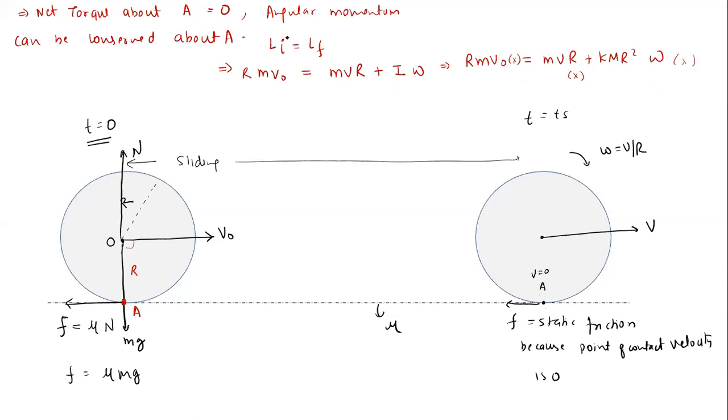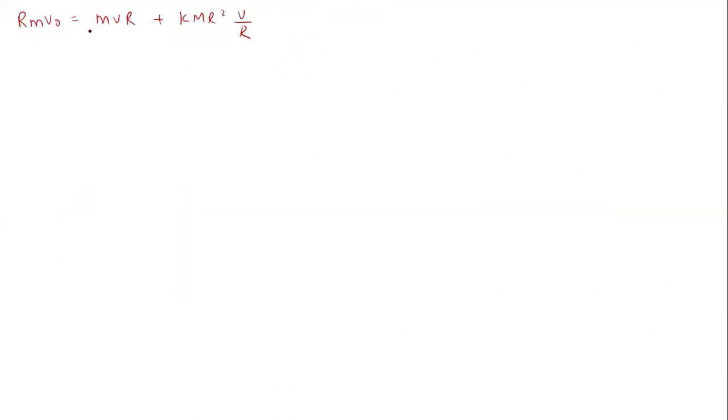Okay, fine. So we get R m v naught equal to mvR plus k mR square by v. So one R gets cancelled out, and one m will also get cancelled out, and R will also get cancelled out. So we will get v naught is equal to v plus kv.